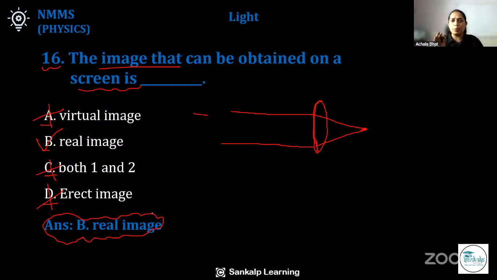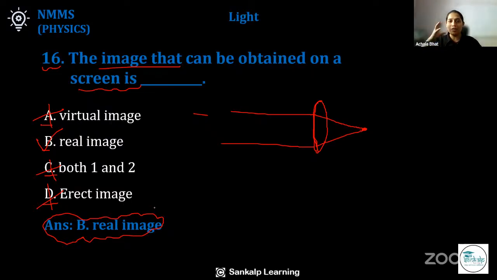A good example is our eye. In our eye, the image formed on the retina is an inverted image. It is not an erect image. But why do the words not look upside down?